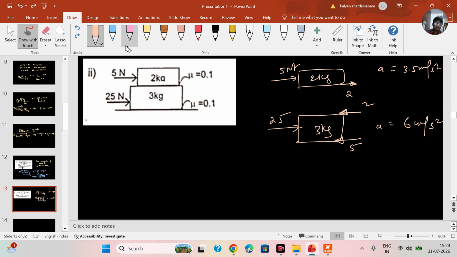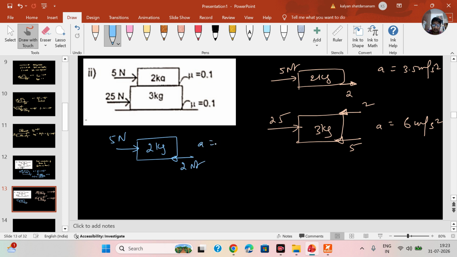Now sometimes people take, because this also you have to verify again, even after they are moving separately, friction directions and accelerations, are they consistent or not? Suppose you try to take friction on the 2 kg to the left, for example. Let's say they are moving separately, so it's a kinetic friction of 2 Newton.